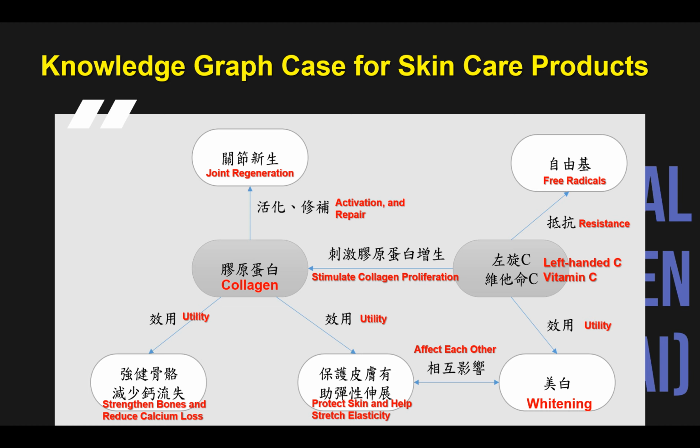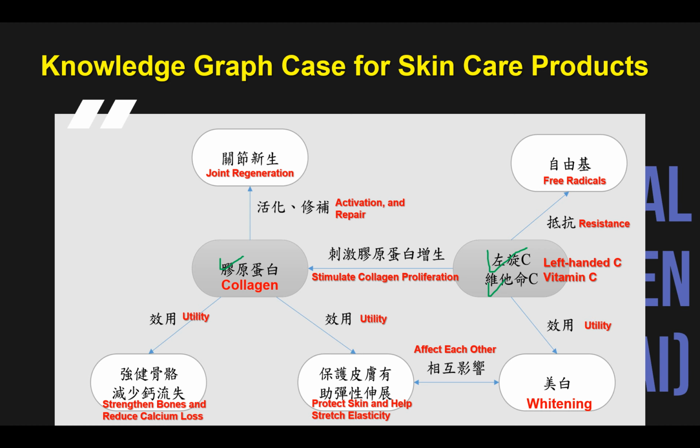Let's look at another example about skincare products that will be very useful for your nursing program. On the left side is collagen, in Chinese called 胶原蛋白. And the right side is called left-handed C, or sometimes vitamin C, and it can stimulate collagen proliferation.